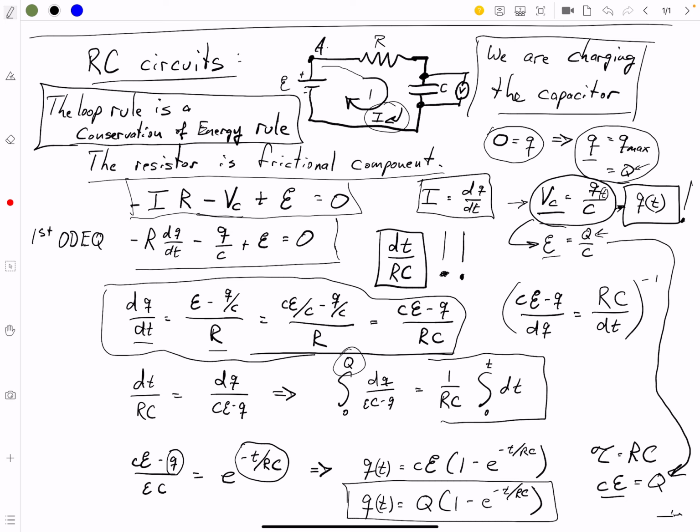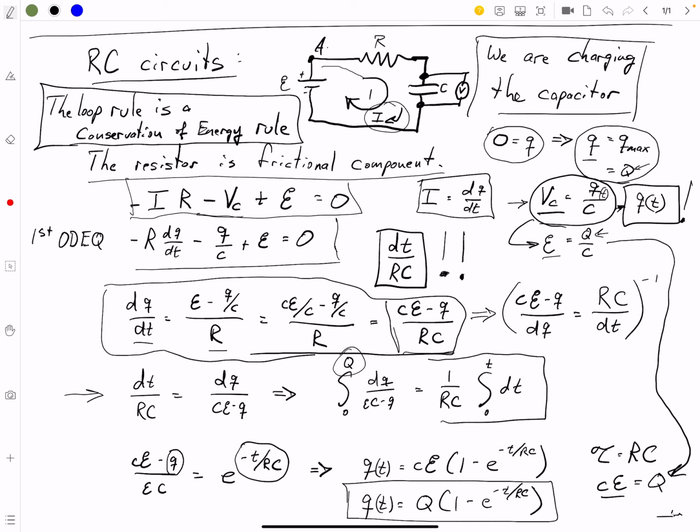So we do this chain, and we end up with dQ/dt equal to this bit right here. We can then quickly go to here, and we've got our capacitance times our EMF minus Q over RC, over dt. So we're almost there. We almost have dt over RC, and all we need to do is invert both sides, and then we can start integrating.